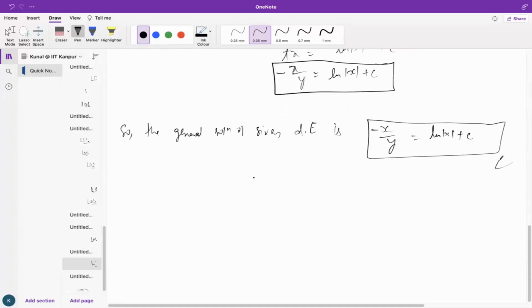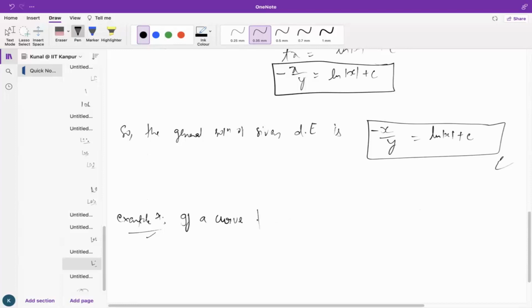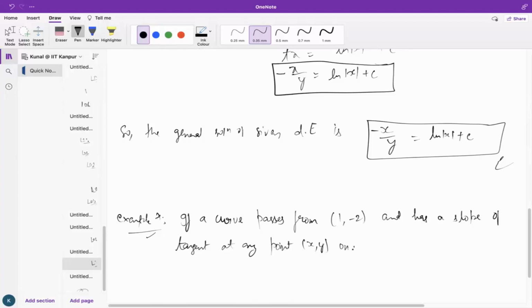Now let's take the next question, which is actually written in Word. So let me write it here. Example number, I don't know. So if a curve passes through 1 comma minus 2 and has a slope of a tangent at any point x comma y on it as x square minus 2y by x, then find the curve.